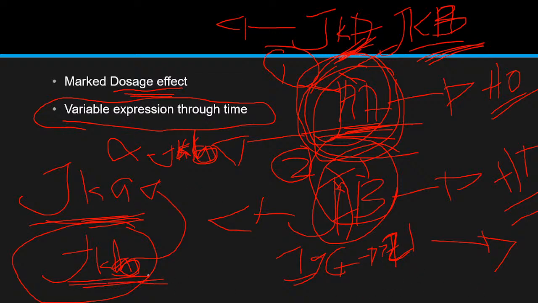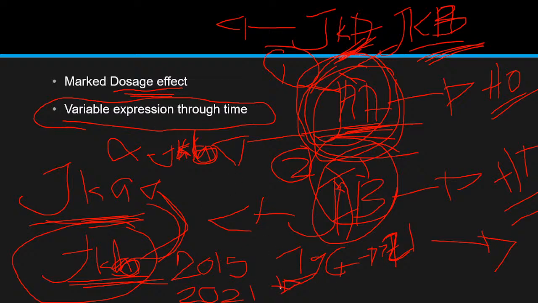And say for example, the date that Nicole was transfused with this blood was 2015. Now it's 2021. She will have a variable expression.